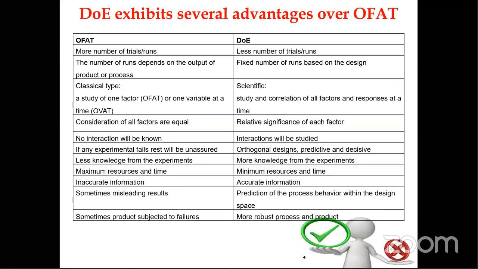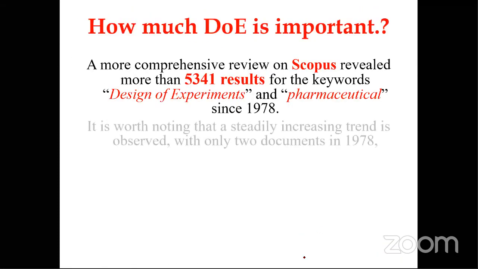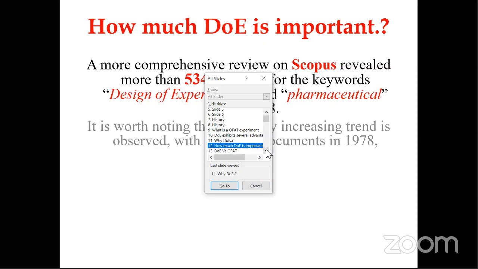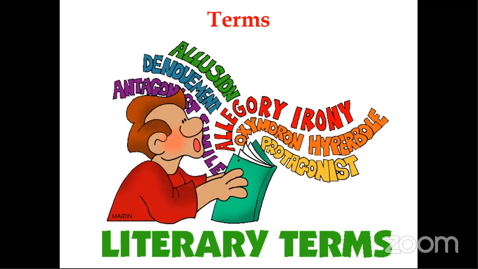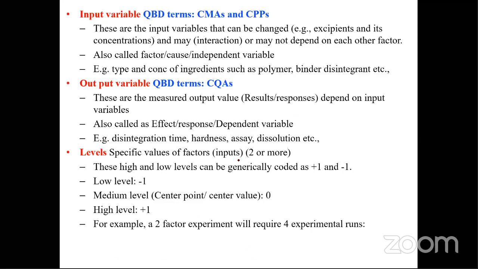That is called levels. Okay, so low level is minus, medium level is 0, plus level is plus.